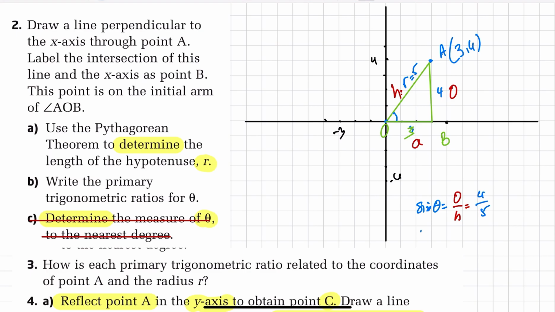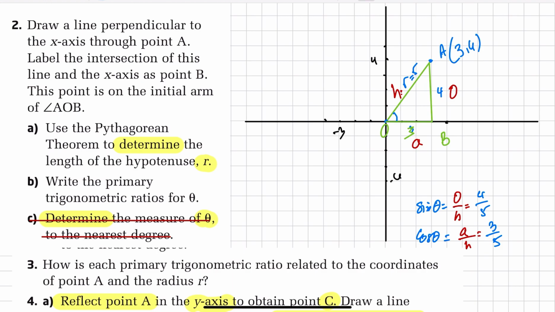The cos of theta is the adjacent over the hypotenuse, which is 3 over 5.